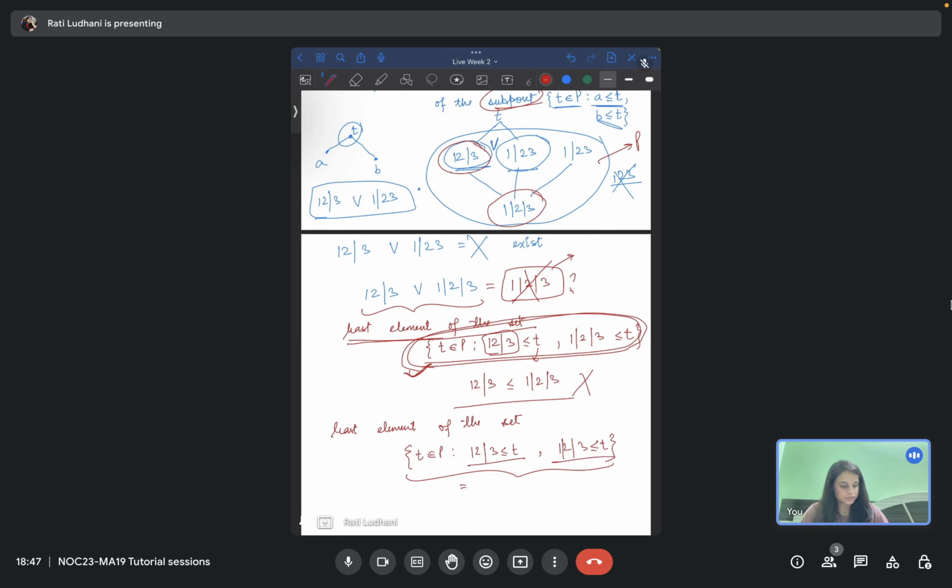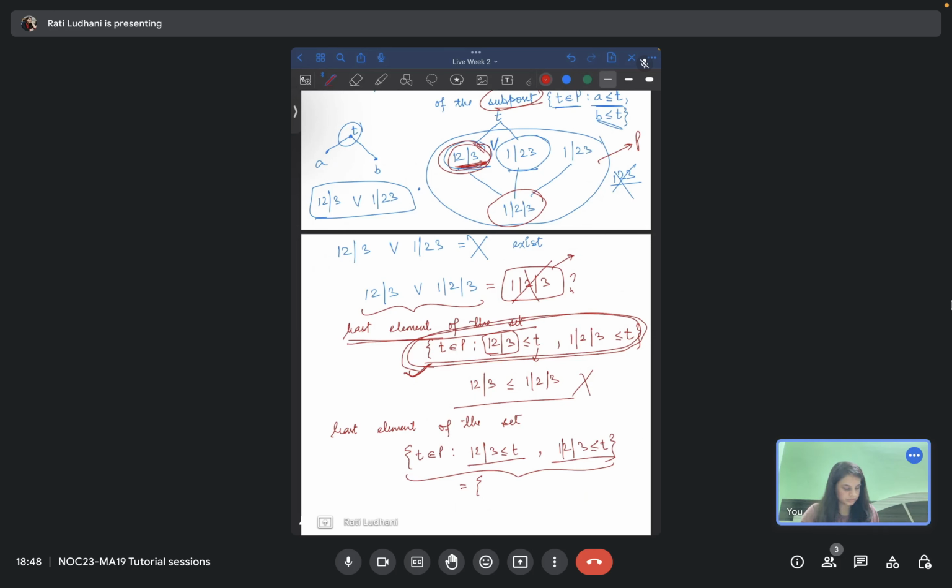Okay, let's see. We have these four elements. First, let's check: can you put 1 bar 2, 3 here, this first element, in this set?